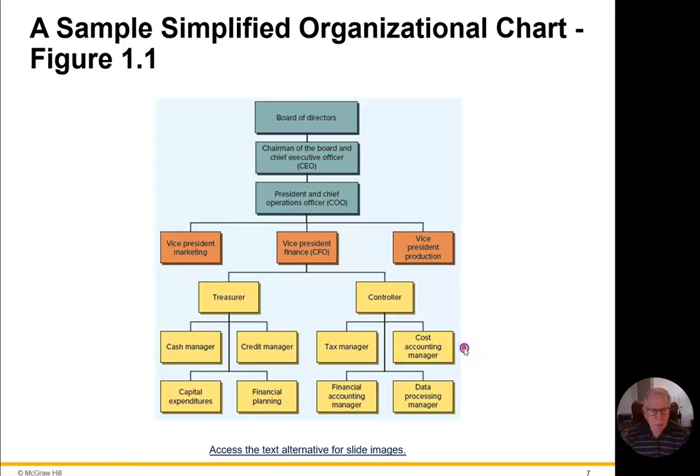And then separately, we would have a cost accounting manager, and that would be your managerial accounting function that would possibly report to a controller in a large corporation, and even a tax manager. So those are the controller functions. The treasurer function is going to have the cash manager, the credit manager, capital expenditures, and financial planning.